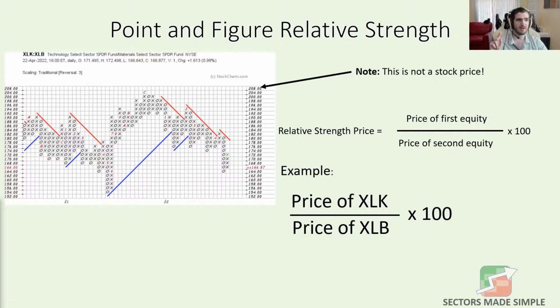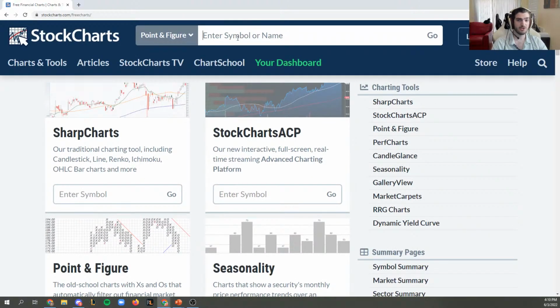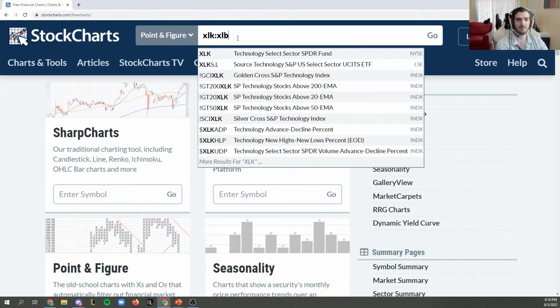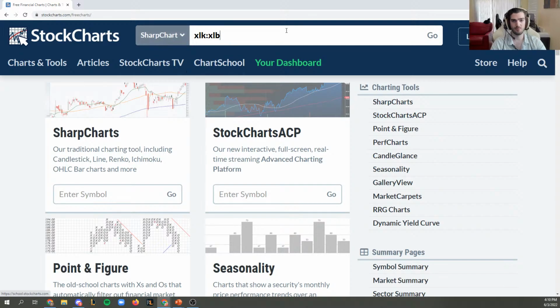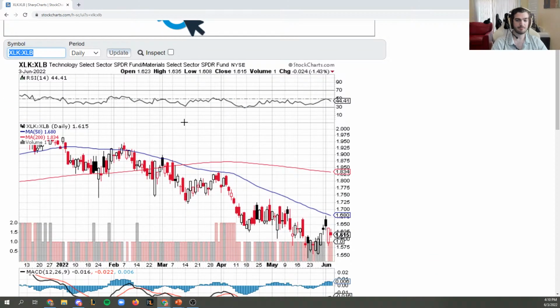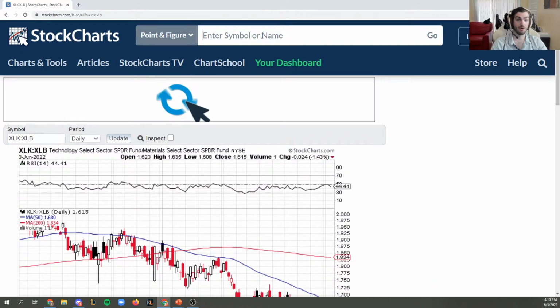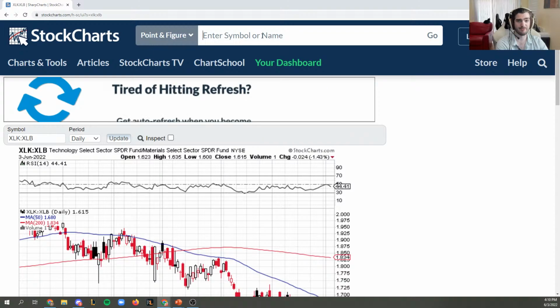We can find where it was earlier today and yesterday and the day before and the day before, and put those onto a chart. Again, it does not need to be point and figure. We can do this for any kind of chart. We can do it with a sharp chart. We can also, of course, do it with point and figure.